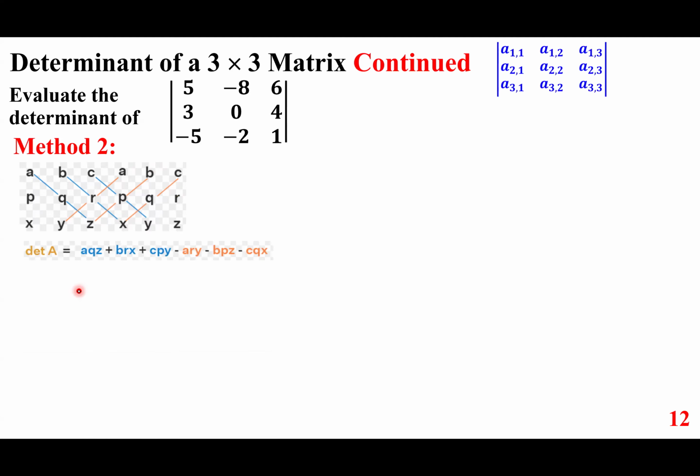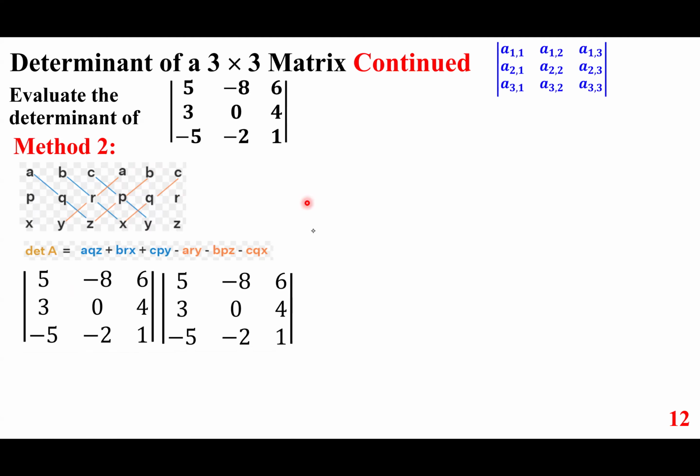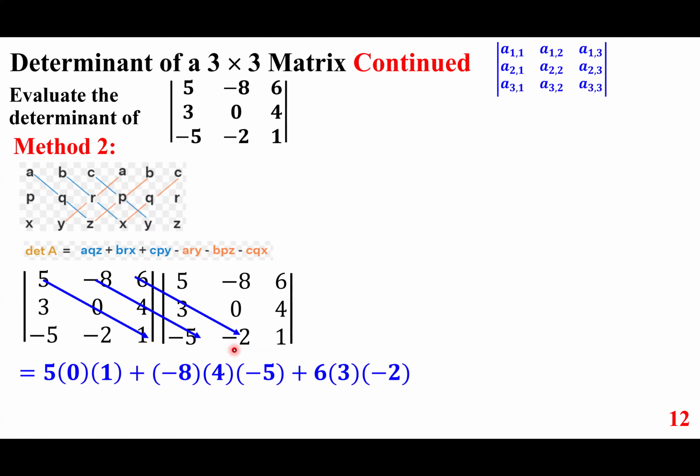So let's put this, you don't have to memorize that. Put them next to each other, two of them. Let's start with the first entry and go diagonally down, this way and this way and this way. Take a look. So 5 times 0 times 1 plus negative 8 times 4 times negative 5 plus 6 times 3 times negative 2. Now we start with the very first entry of the second matrix next to it, which is identical to that, and we go the opposite way.